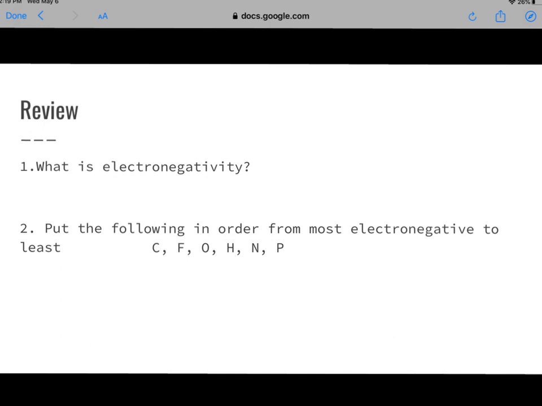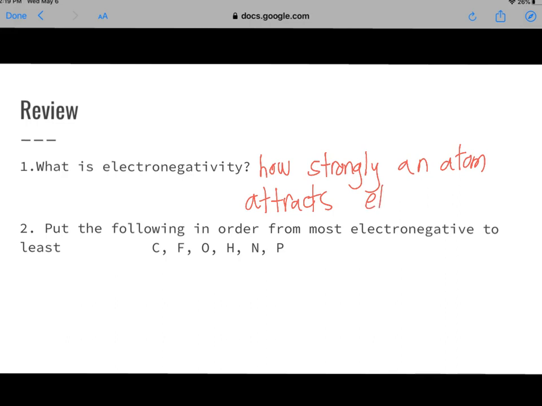So electronegativity is really just a measure of how strongly a certain atom attracts electrons. Some just pull in electrons more strongly than others.